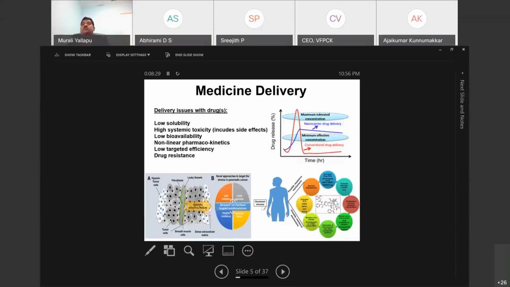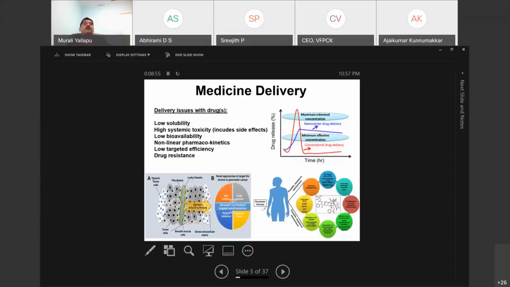So to overcome these and also to maintain a minimum effective concentration, maybe it is better to use some delivery agents. Earlier, people used, or are still using, small molecules binding with the drug, and then they improve the bioavailability.